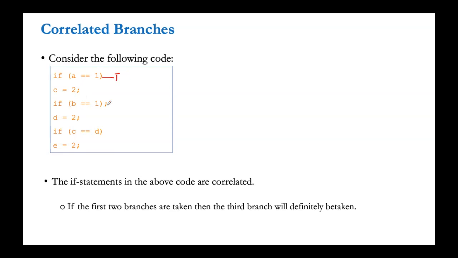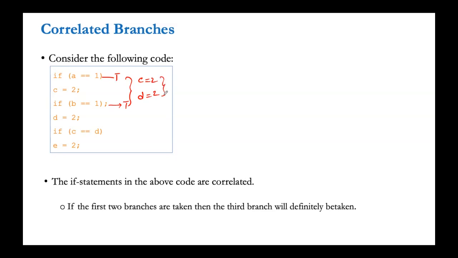And if B is equal to 1, this branch is also taken. From these two, it indicates that C will be 2 and D will be 2.